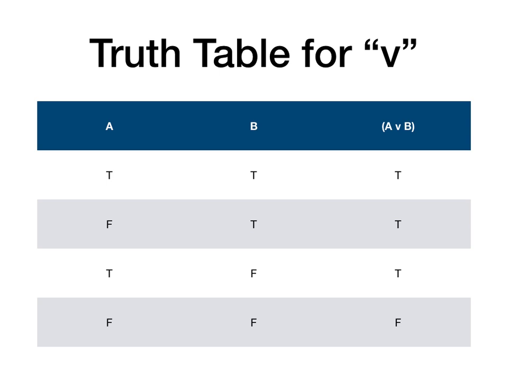Our T's can be a 1 or they can be an on. Our F's are a 0 or an off. Well, anytime A or B is a 1 or it's on, this A or B is on or it gives you a 1, right? It's only when both A and B are false, they're both zeros, they're both off, that our A or B gives you an F or it gives you a 0 or it's off, right?